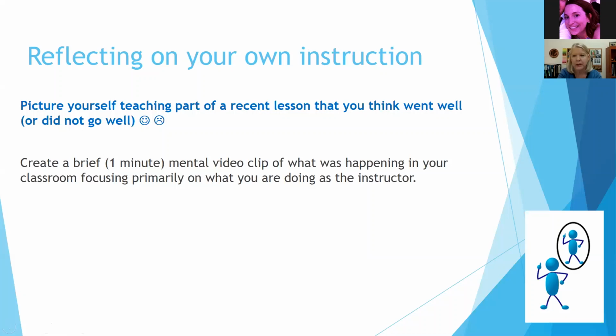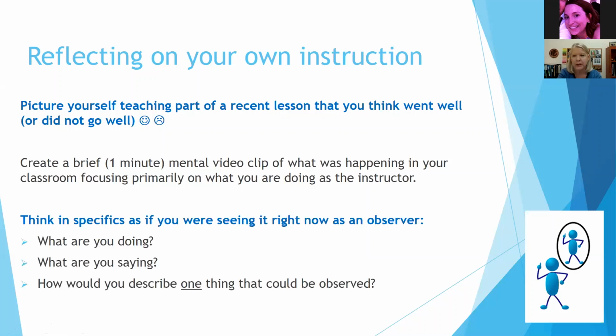Create a brief, and I mean 1 minute is actually a long time to watch instruction, 1 minute mental clip of what was happening in your classroom, thinking about what you were doing. Think in specifics as if you were seeing it right now. What are you doing? What are you saying? How would you describe one thing that could be observed? So take a moment and think about that.